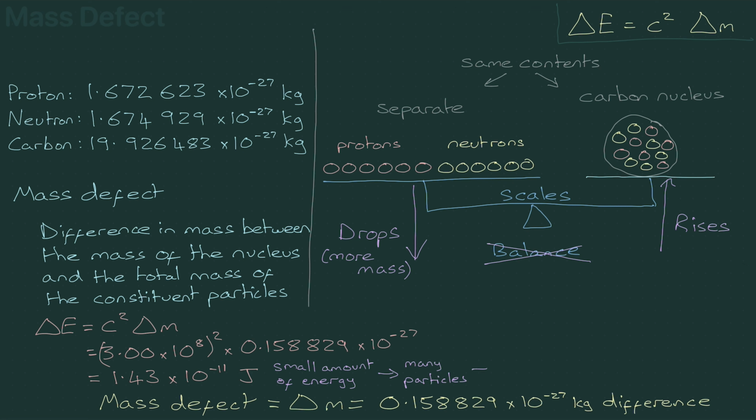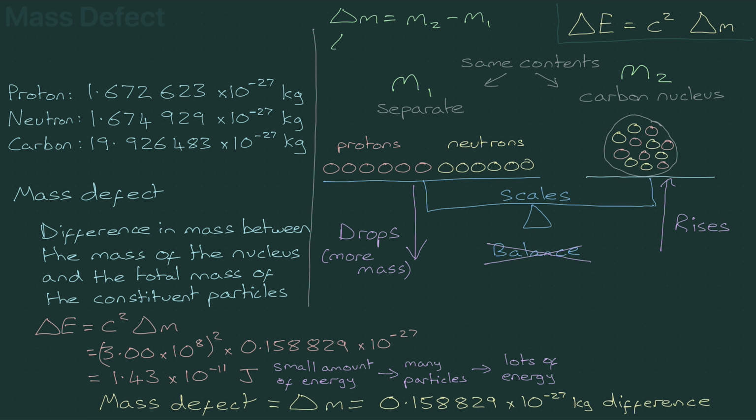This energy is released when the particles join together to form a nucleus. We start with 12 particles separated to infinity with a total mass of m1. They come together, forming bonds and becoming a nucleus, and the total mass drops to m2. This gives a mass defect delta M equals m2 minus m1.